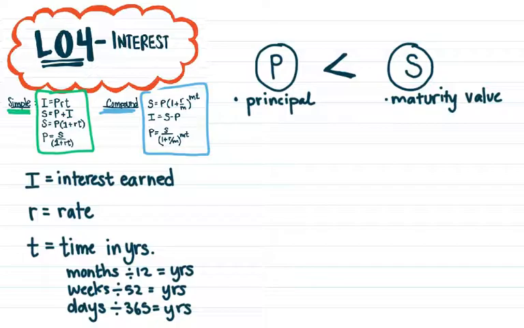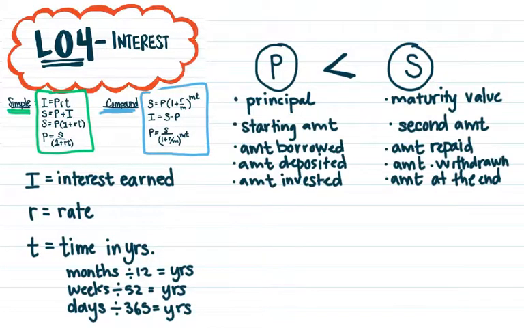It means the starting amount, the amount that you initially put in the bank, or the amount that you initially borrow. The S has a lot of different names, but it's really the maturity value. After you take your money back out of the bank or after you pay back what you borrowed, that is the maturity value.